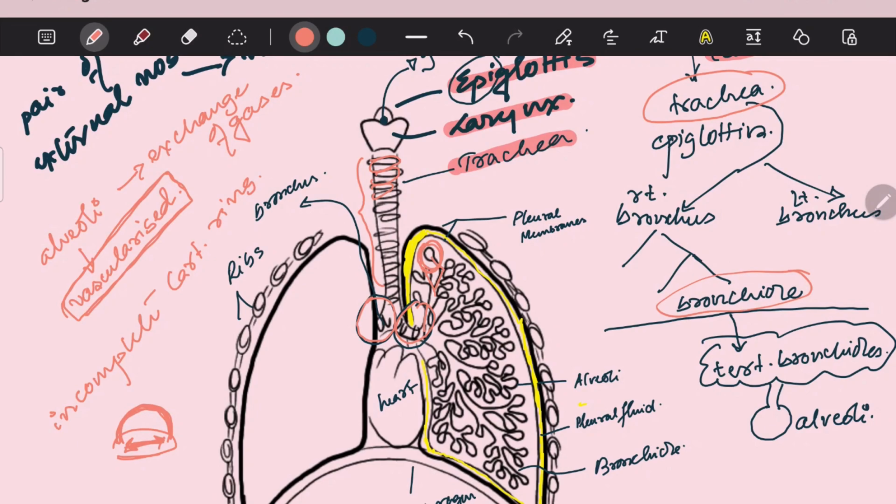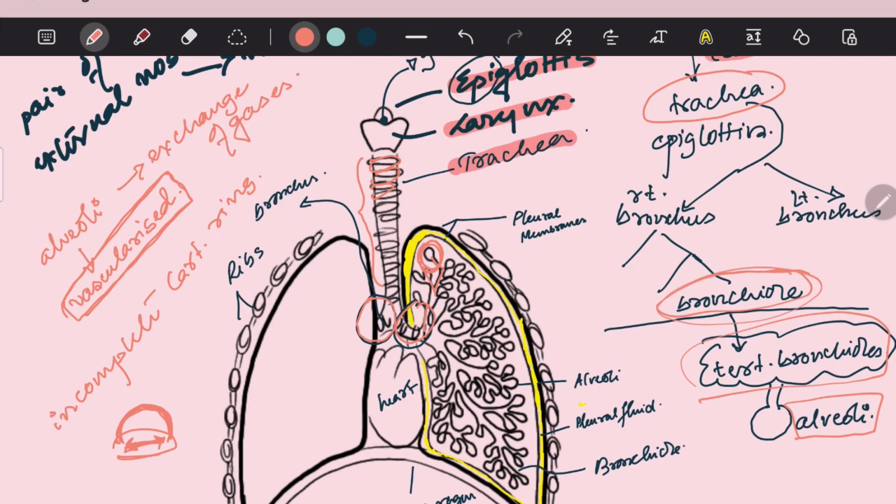Now, the branching network of bronchi, bronchioles and the alveoli consist of the lungs. That is, if you need to know what is inside the lungs, it's this branching network consisting of the alveoli, the bronchioles and maybe the terminal bronchus.